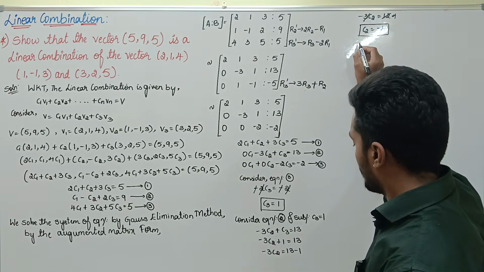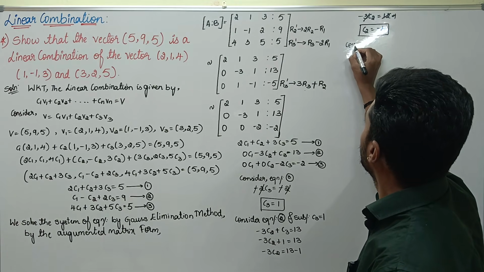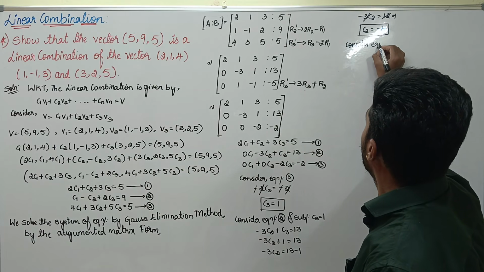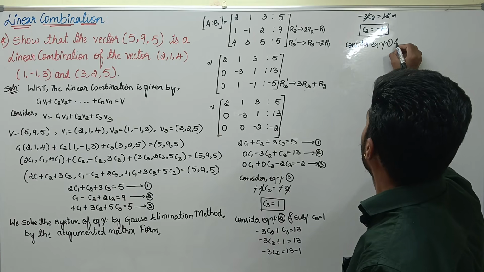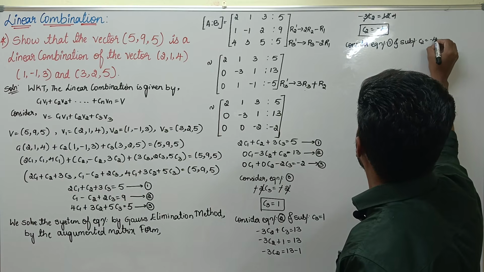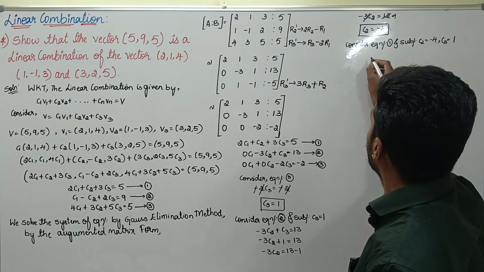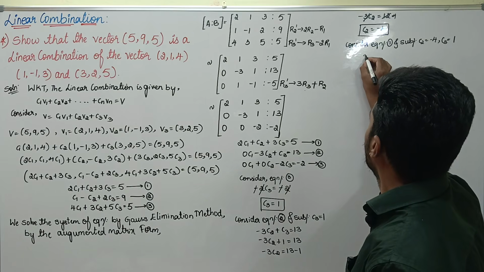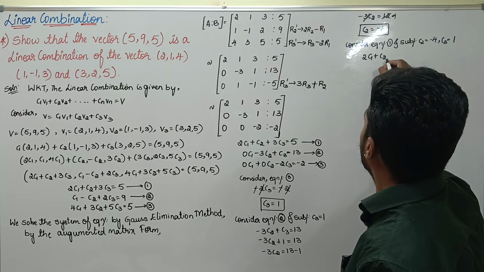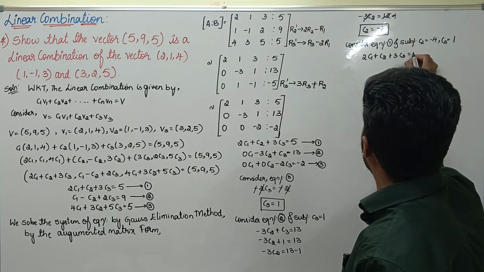Next, consider equation number 1 and substitute C2 equal to minus 4 and C3 equal to 1. What is our equation number 1? 2C1 plus C2 plus 3C3 equal to 5.